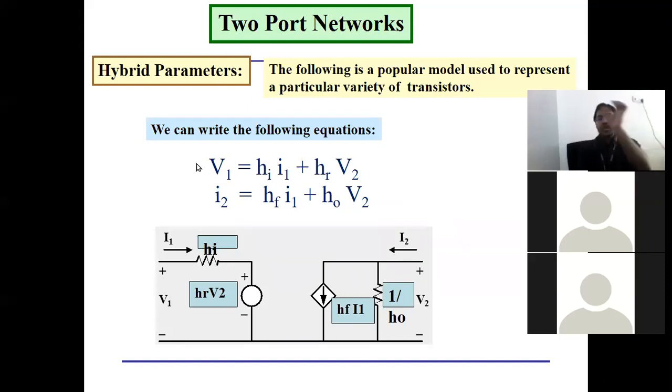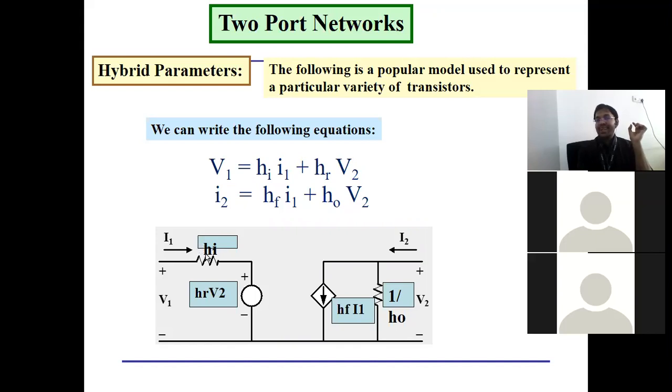So how to develop that? V1 is equal to, so write V1 as the input voltage. Next, current I1, so write I1. Now there is a voltage drop HI into I1, which means there should be a resistance HI. Then only the voltage drop will be HI into I1.